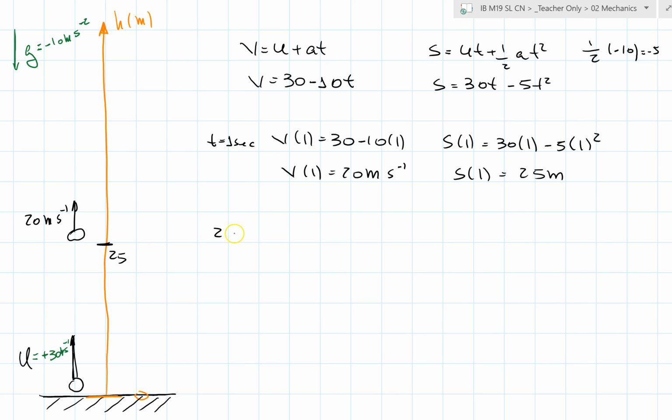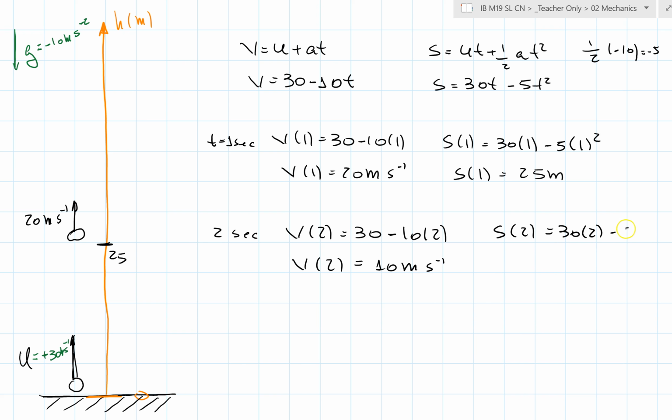At 2 seconds, I'm going to have v of 2 equals 30 minus 10 times 2. And then v of 2 is going to be 10 meters per second. And s of 2 is going to be 30 times 2 minus 5 times 2 squared.